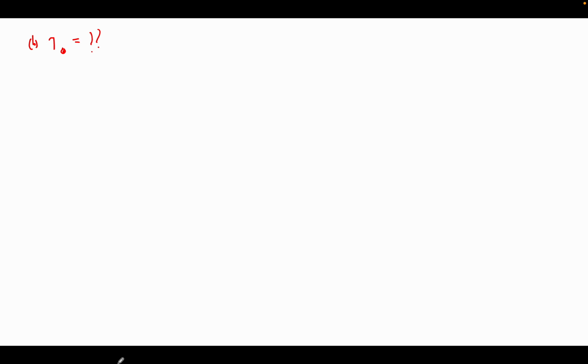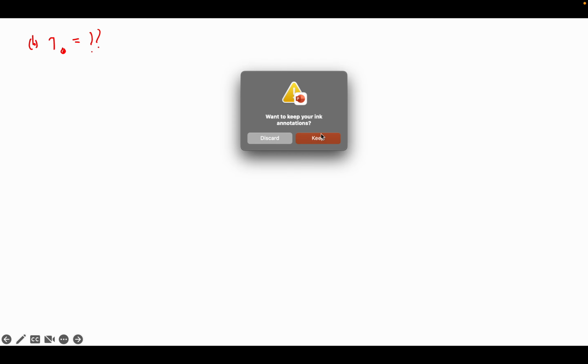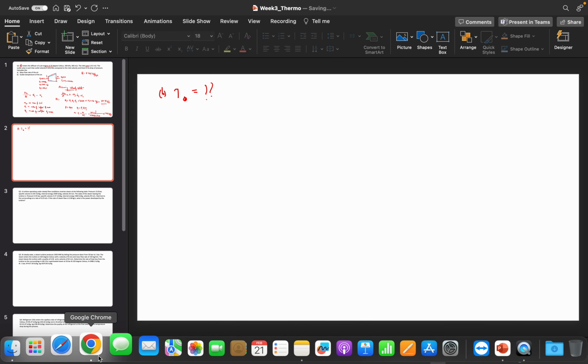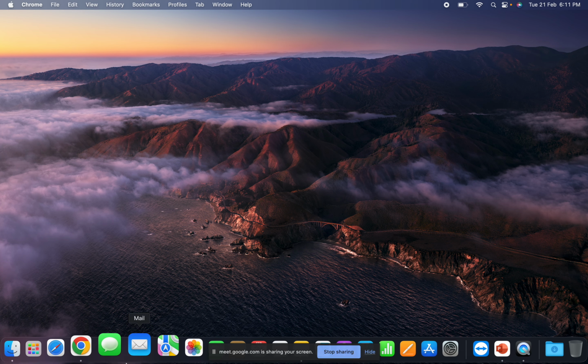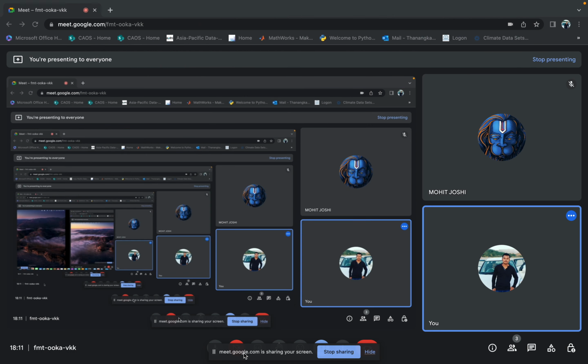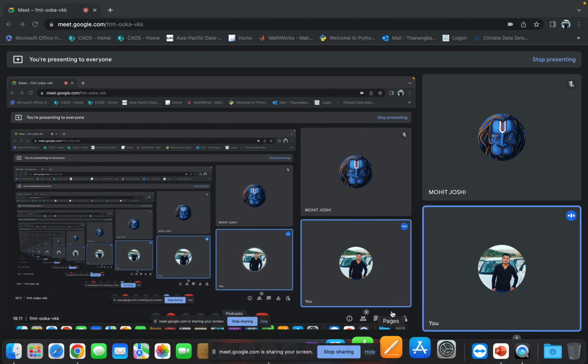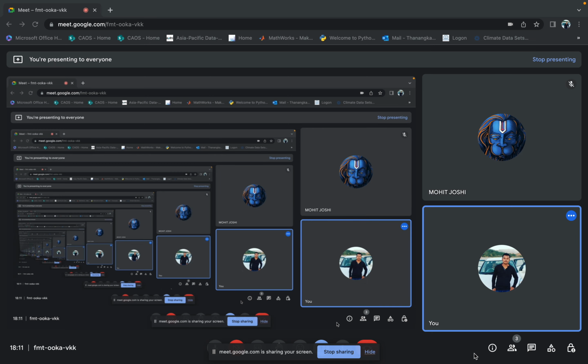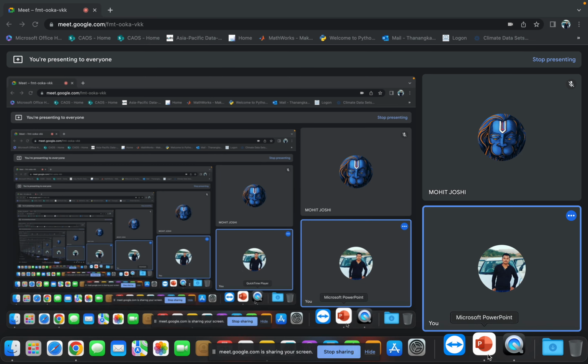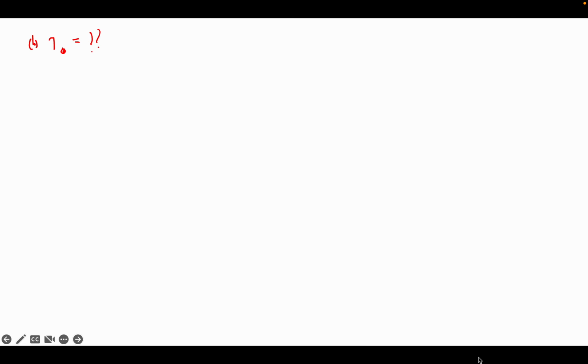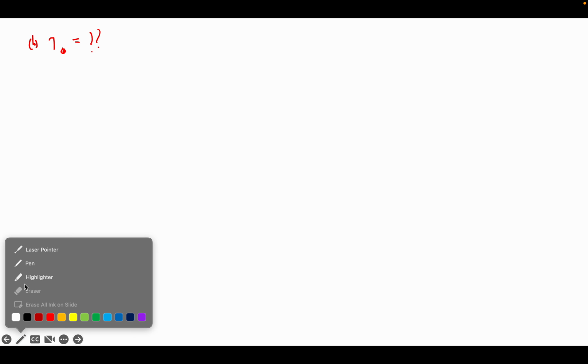Let me check whether my net is there or not. Yeah, it's working fine. Now the next part is we have to calculate the T o. And for that we have done the mass balance.